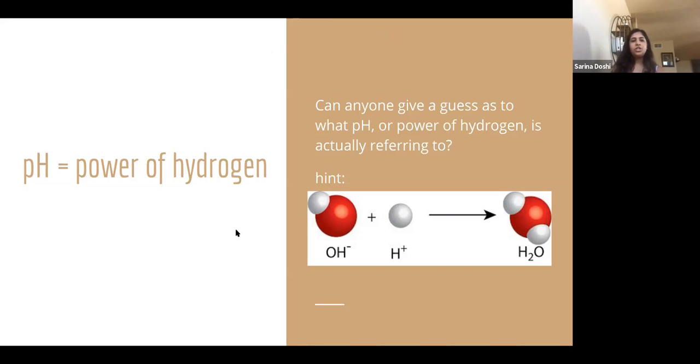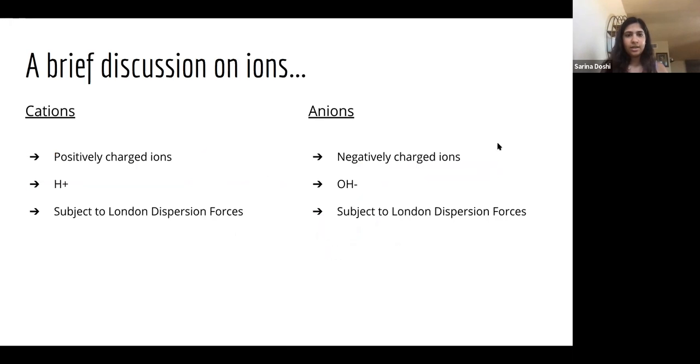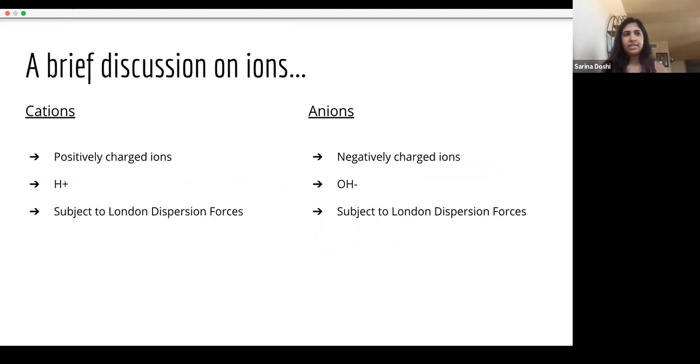So yes, pH is power of hydrogen, and pH is a very mathematical concept, which I don't want to talk about because if you don't have the right math background, it'll be very difficult to understand. But looking at it from a conceptual standpoint, pH is an analysis of the amount of hydrogen in a liquid.